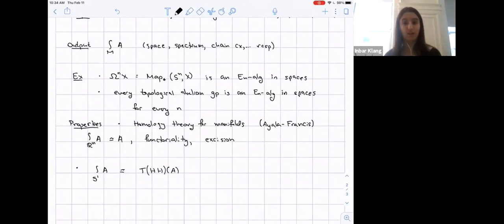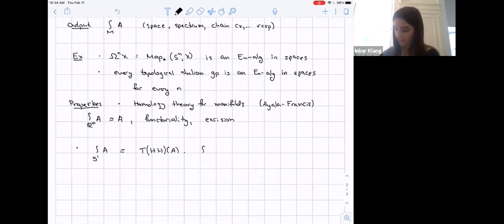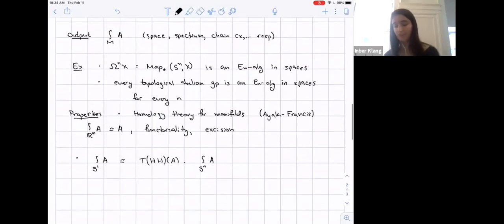But anyway, this recovers Hochschild type invariance. So if you take factorization homology for higher spheres, this is higher topological Hochschild homology.